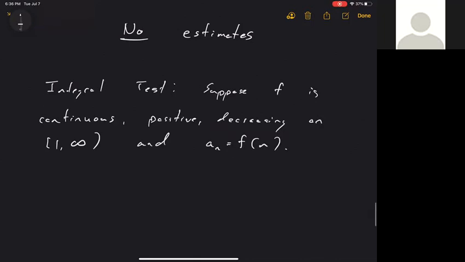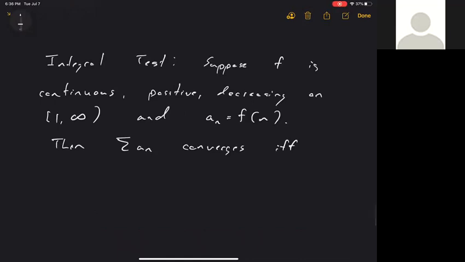Okay. Then the series a_n is convergent if and only if the integral converges.